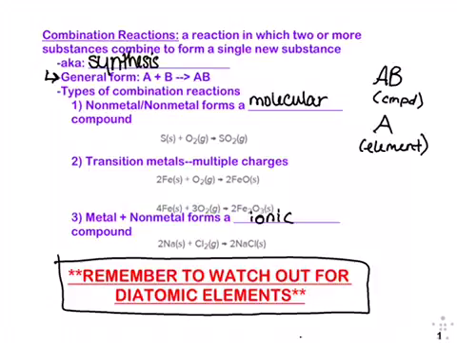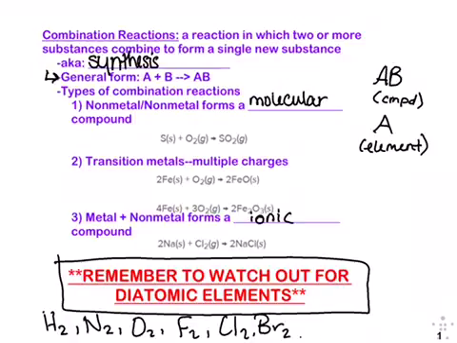So as a refresher, your diatomic elements include hydrogen, nitrogen, oxygen, fluorine, chlorine, bromine, and iodine. So if you have any of those in an equation and they are not combined with another compound, you need to indicate that they are a diatomic element.